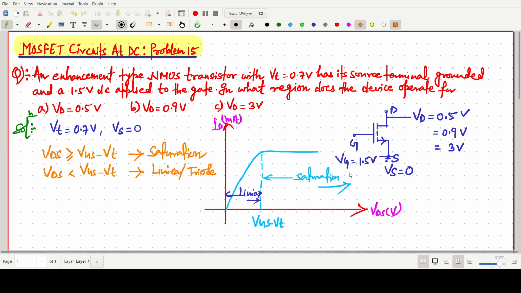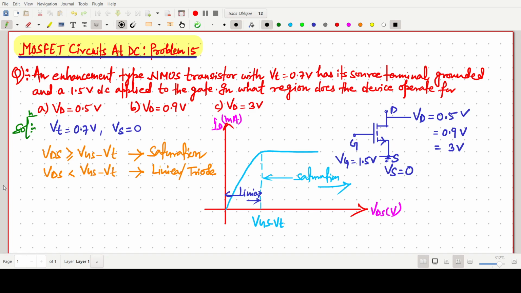In the question it is given VG value is 1.5 volt, source potential is 0, and this VD has different values, 0.5, 0.9, and 3 volt, and we have to find in which region it will operate. So we start with case a, for VD 0.5 volt.